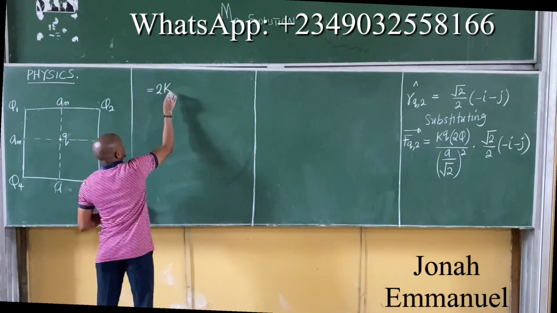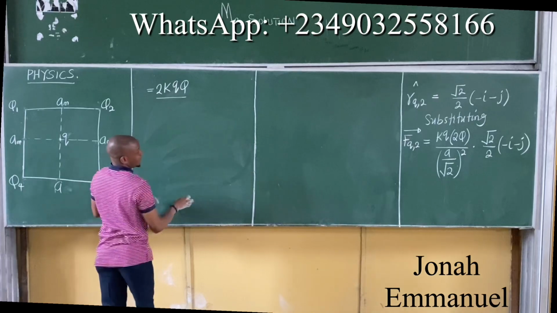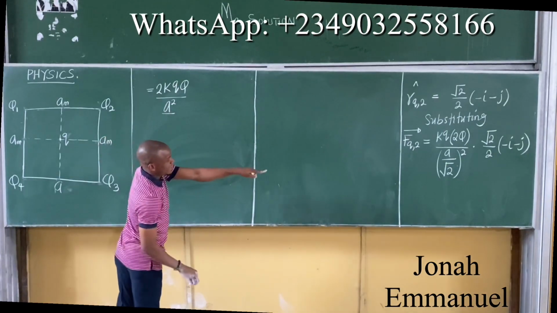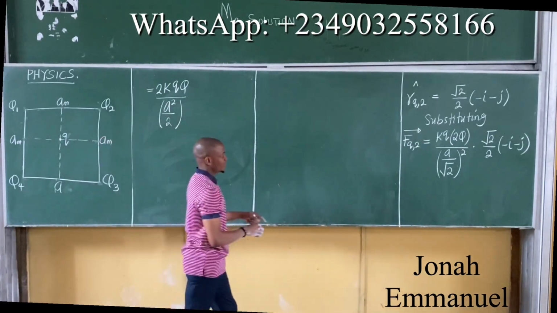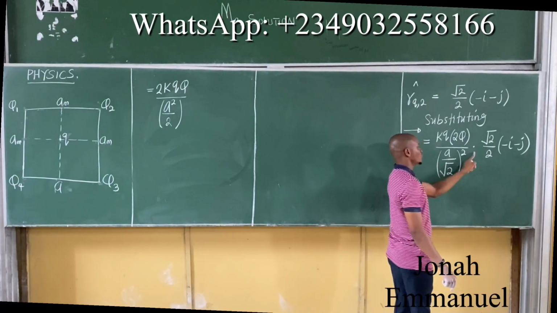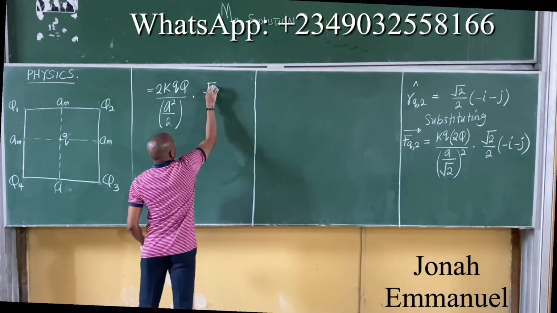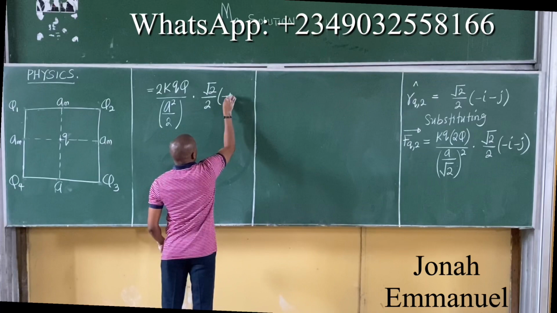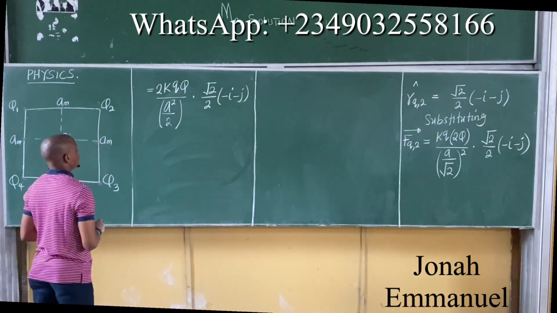So I have 2K QQ all over, this becomes a squared all over, I'm adding this as what there? 2. Right. This is a squared. The square will cancel the square root, so it becomes 2 dot. I'm having root 2 all over 2 into minus i minus j. So work this out. How do we solve this?